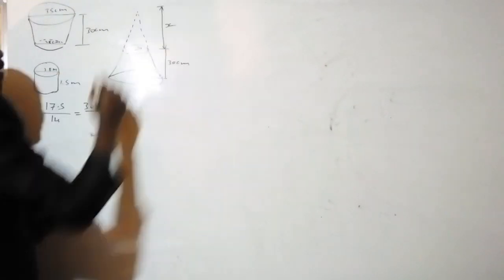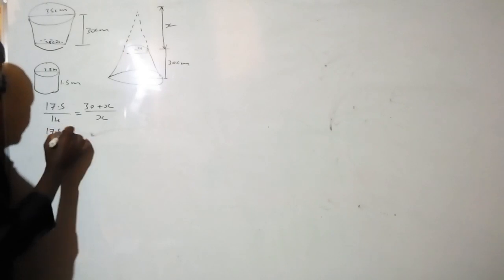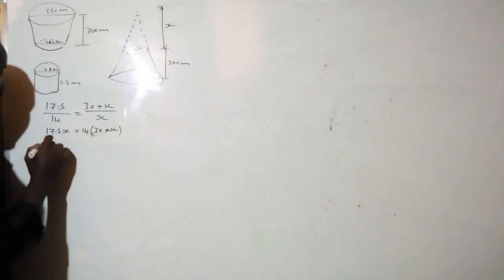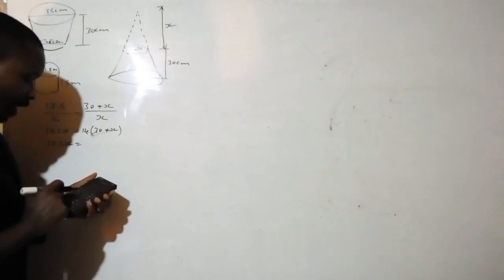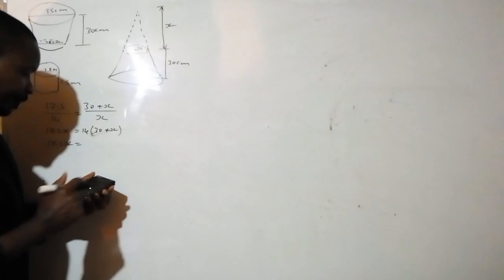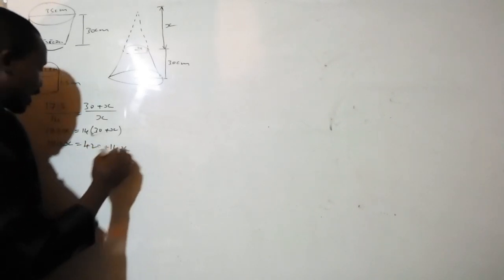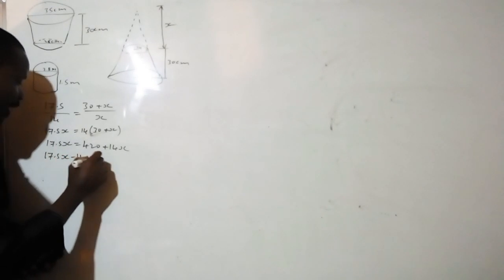Then you can cross multiply: 17.5 multiplied by x is equal to 14 times 30 plus x. This is 17.5x, which is equal to 14 times 30, that's 420, plus 14x. Like terms, 17.5x minus 14x is equal to 420.